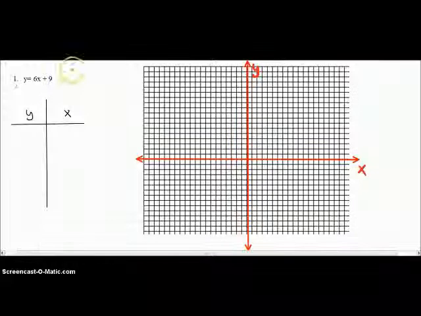Here we have the first question. I always like to do it with a T-chart, which means you put y on one side and x on the other side, and then you put any random value you want. I always like to start from -3 and count upwards to +3.